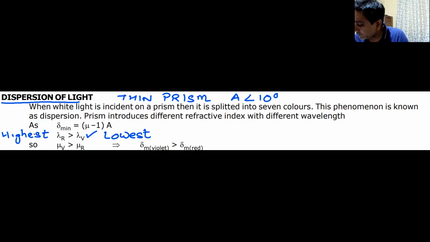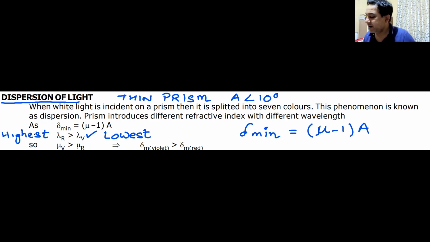Now, for a thin prism, we had found out that the minimum deviation for this prism is delta equals mu, the refractive index, minus 1, multiplied by A. Do we get this? Yes or no?